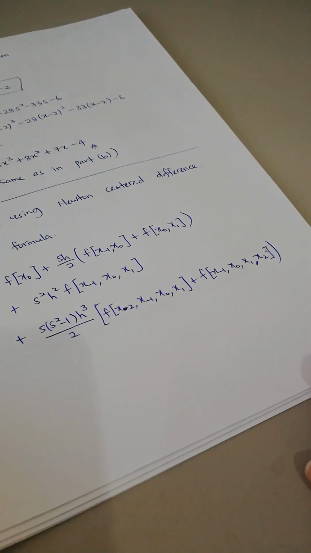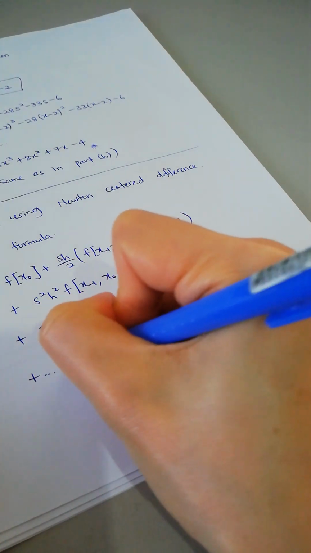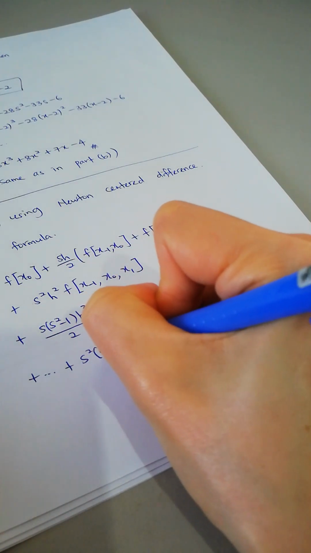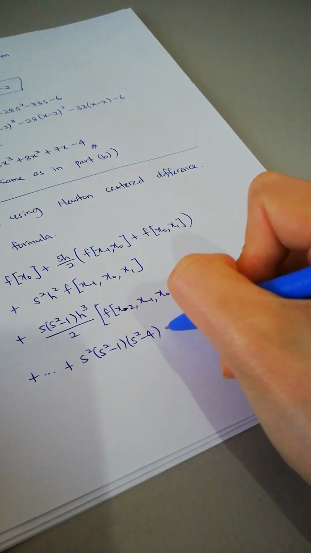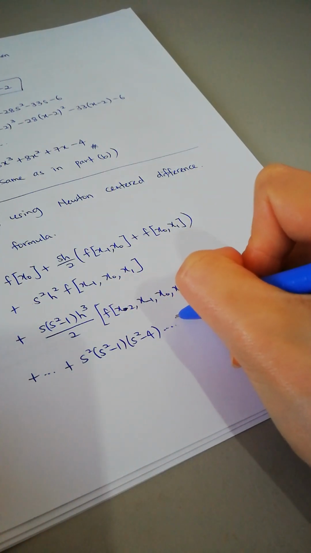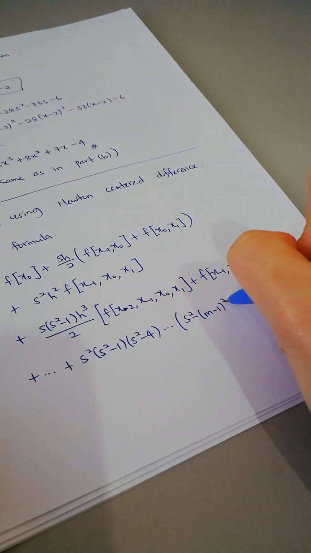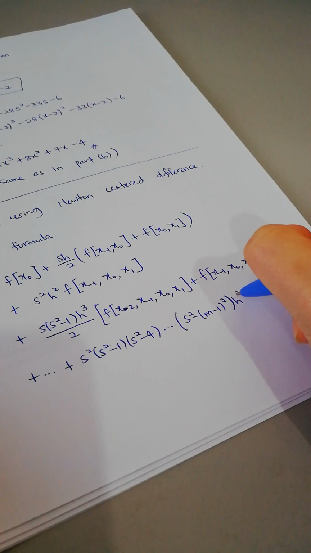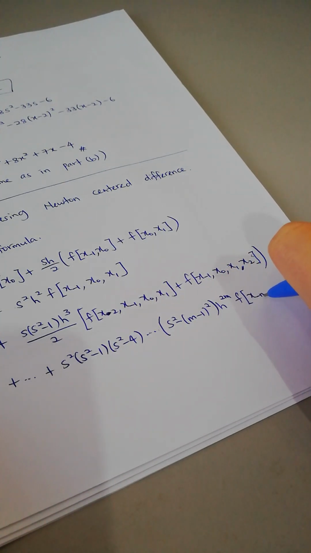And then plus dot dot dot, and then plus s squared minus 1, s squared minus 4, dot dot dot until times s squared minus m minus 1 squared and then h to the 2m f x negative m dot dot dot until xm.